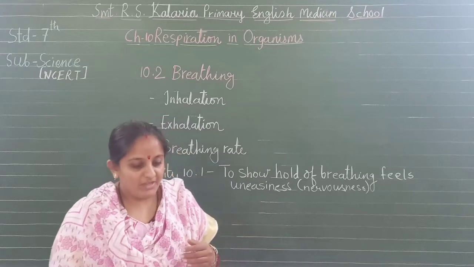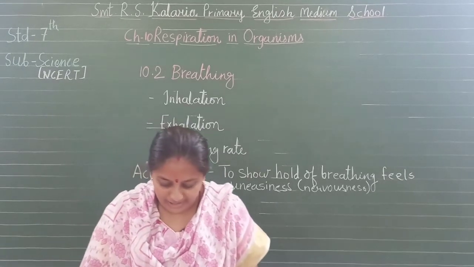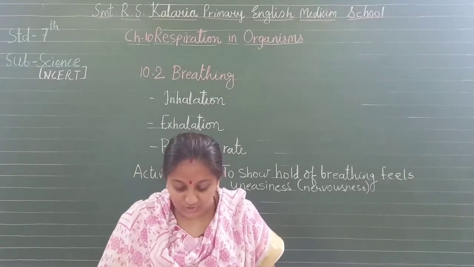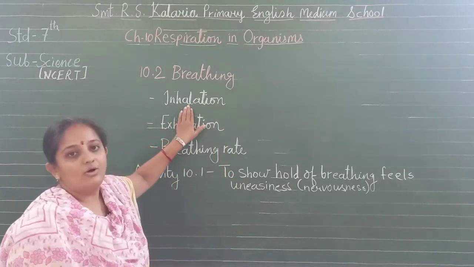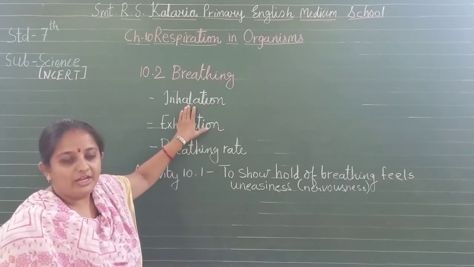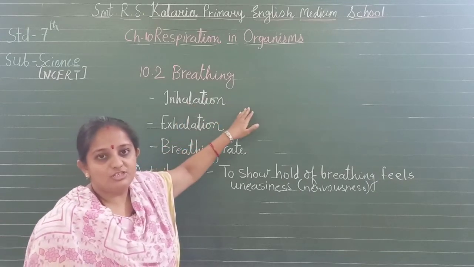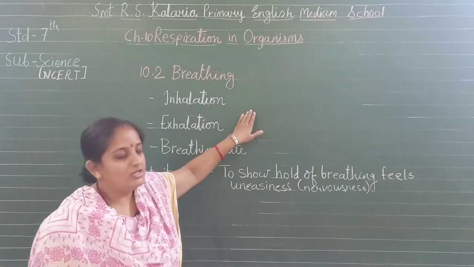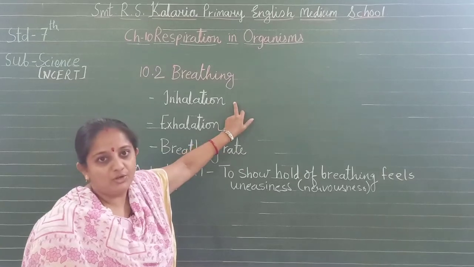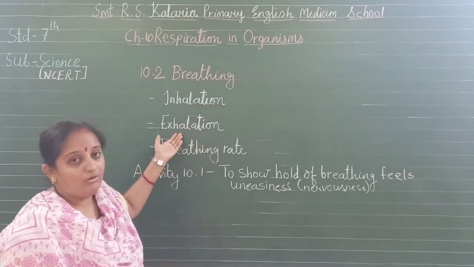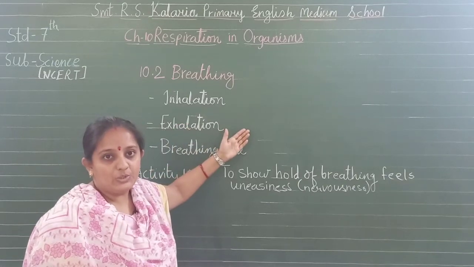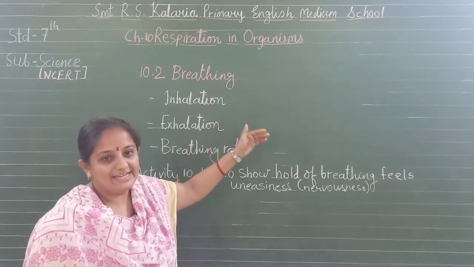So we can say that inhalation and exhalation. The taking of air is termed as inhalation. Taking of air rich in oxygen through a respiratory organ, obviously our nose, is known as inhalation, and throwing out air rich in carbon dioxide is known as exhalation.